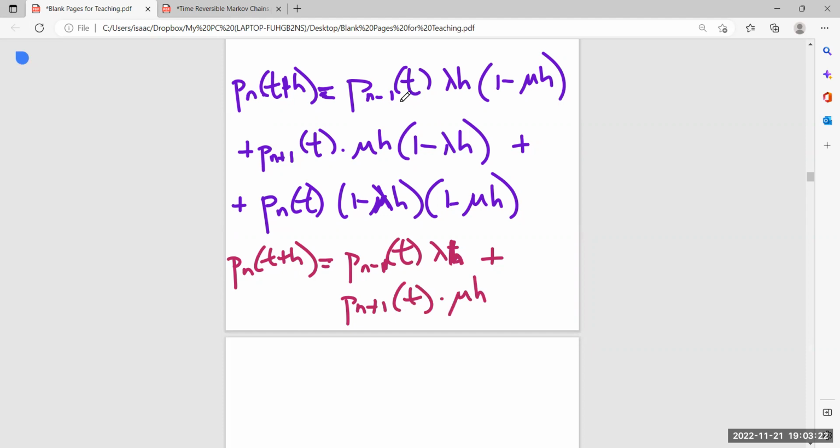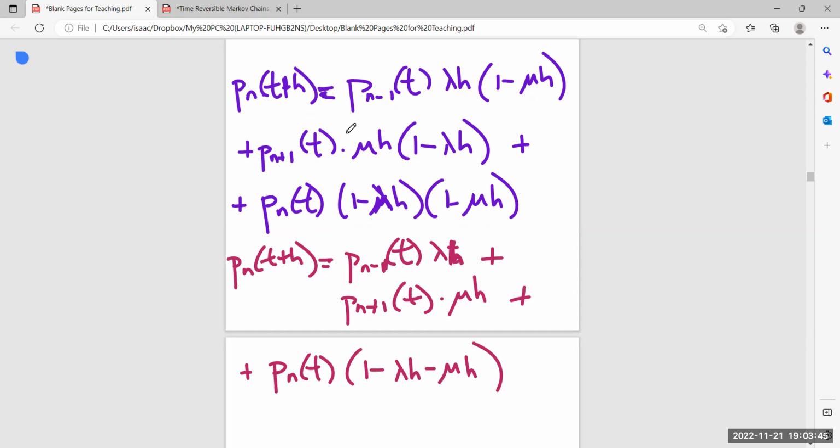And the last term is Pn(t) times 1 minus lambda h minus mu h.